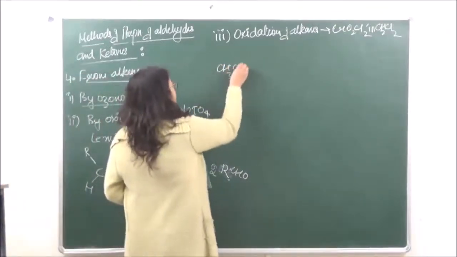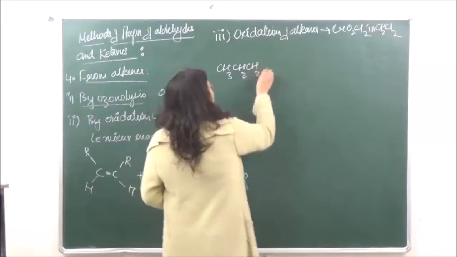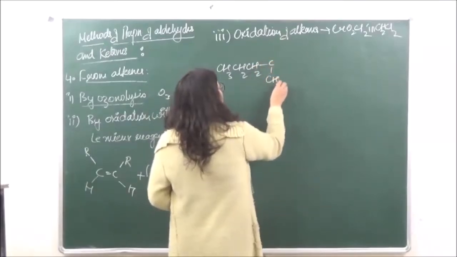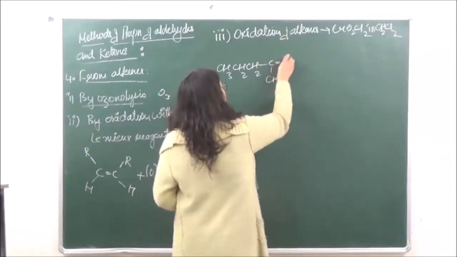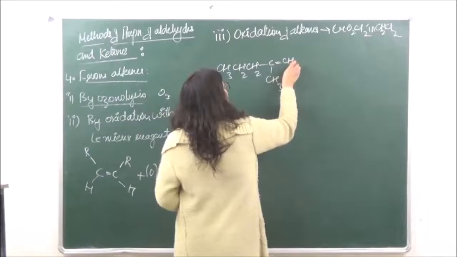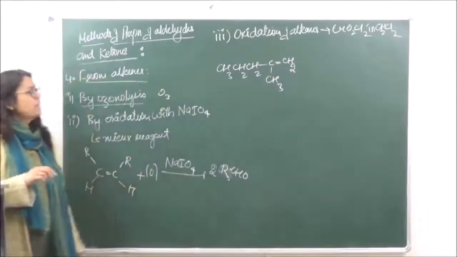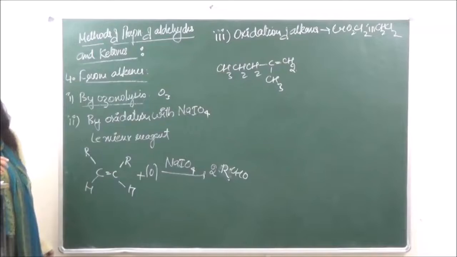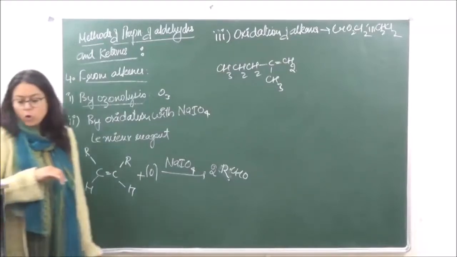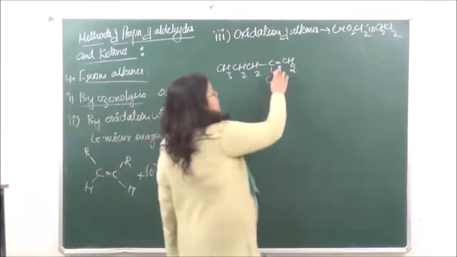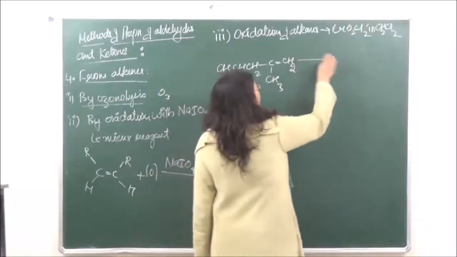For example, if we have this alkene, this is 2-methyl pentene. Okay, so we're taking 2-methyl pentene. Over here, this is going to be converted into an aldehyde.